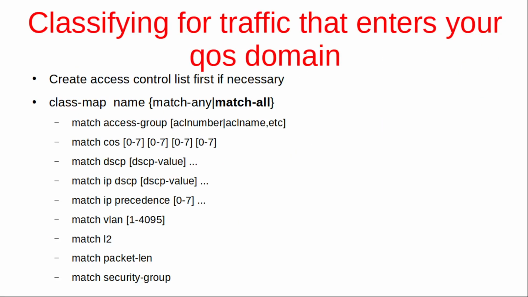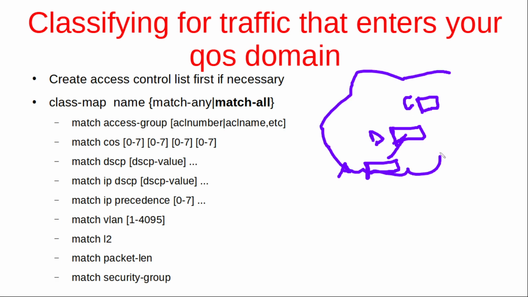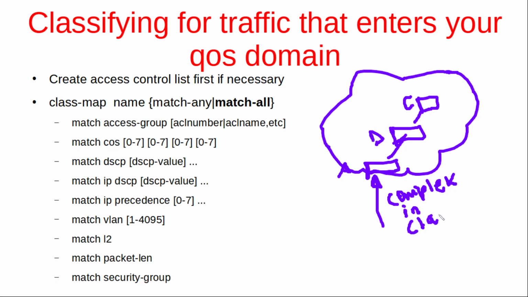And just a final point, remember that you have a switching domain or quality of service domain, whatever you want to call it, where you have access switches, distribution switches, core switches. And you might want to apply really complex inbound classes for traffic that wants to enter your domain, because this traffic comes from an untrusted source.